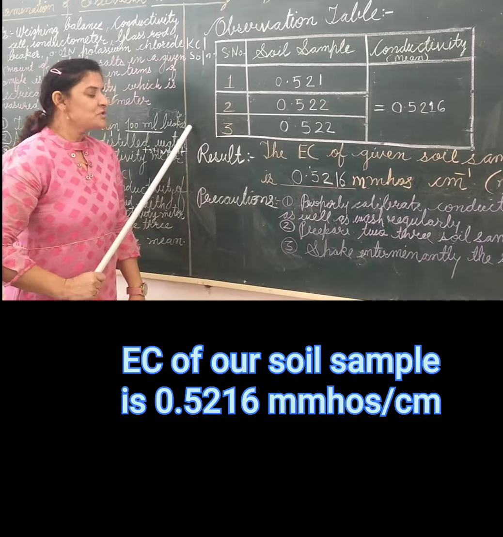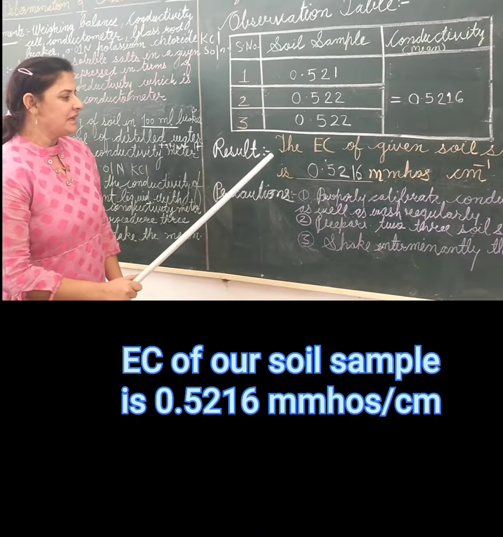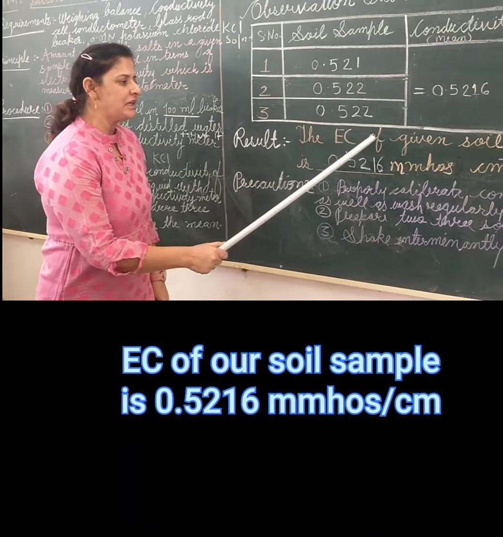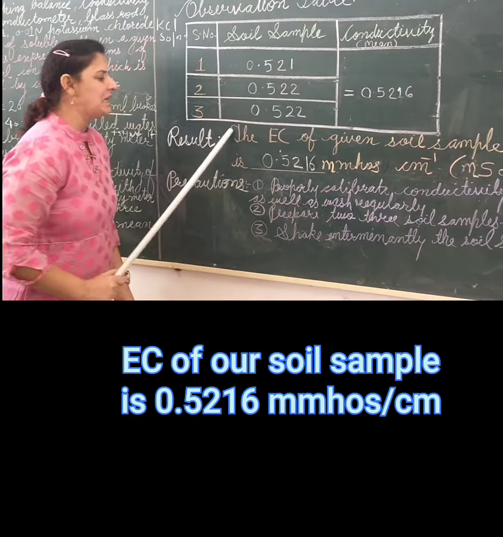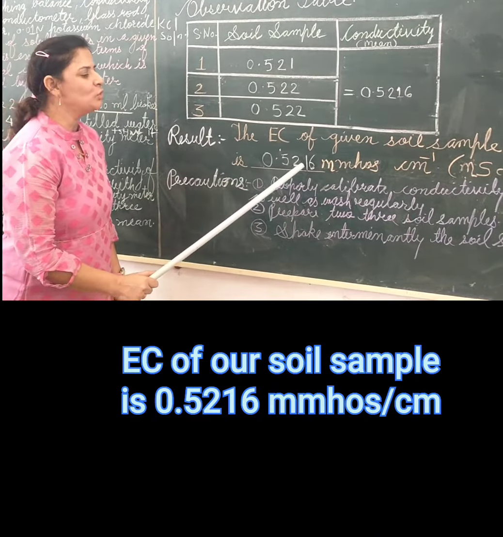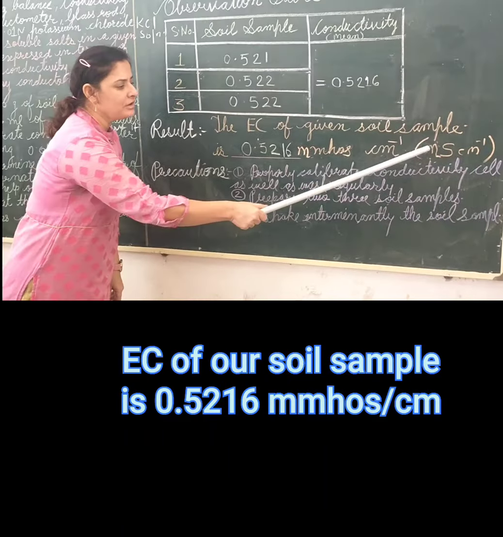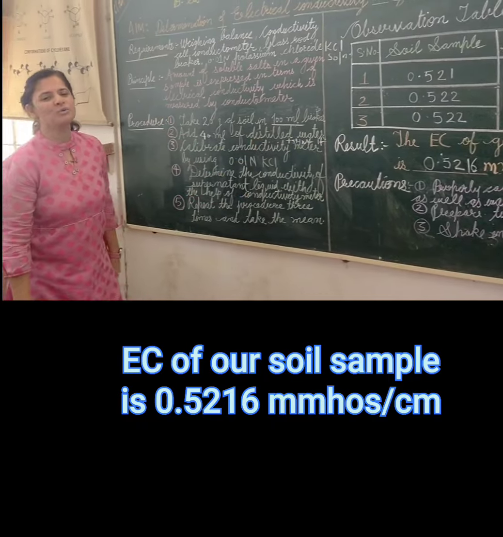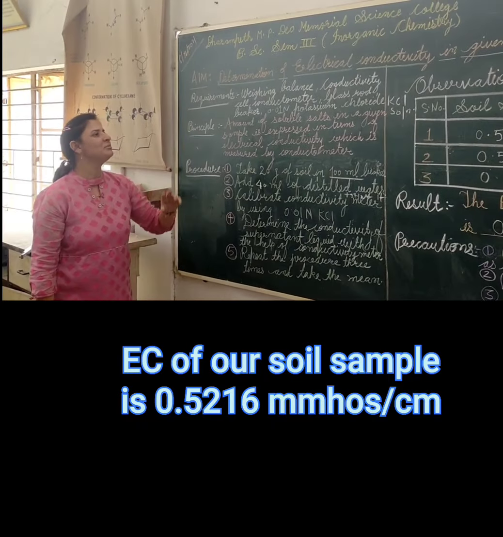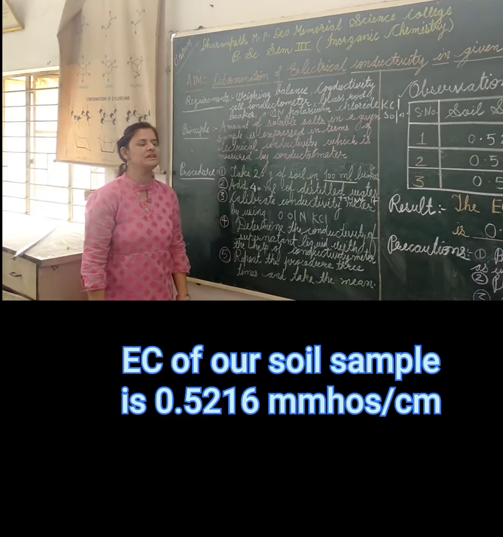Now about the result report: the electrical conductivity of our given soil sample is 0.5216 millimoles per centimeter. This was all about today's experiment, that is, the determination of electrical conductivity in a given soil sample.